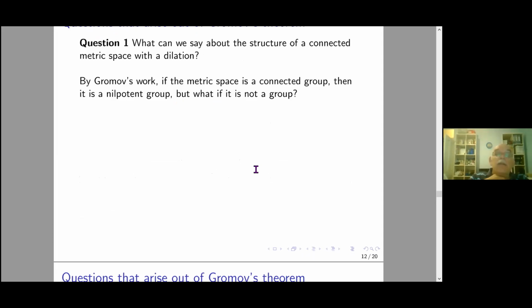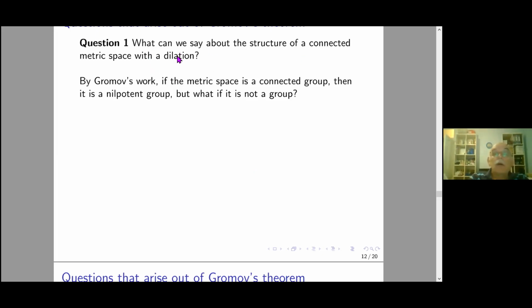So here are some questions that come out of Gromov's work. First question: what can we say about the structure of a connected metric space that has a dilation? In Gromov's work, there was this structure, the asymptotic cone, which was a connected metric space with a dilation.